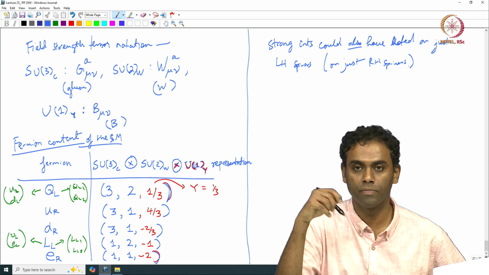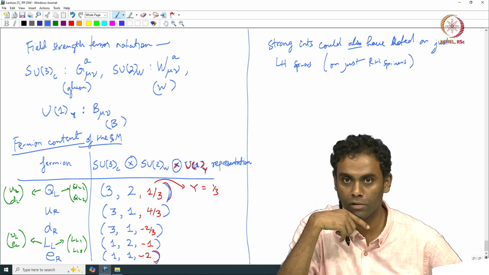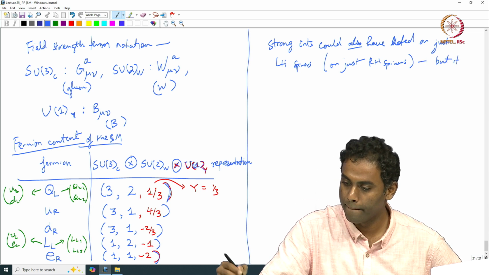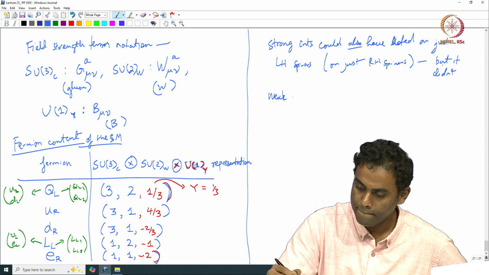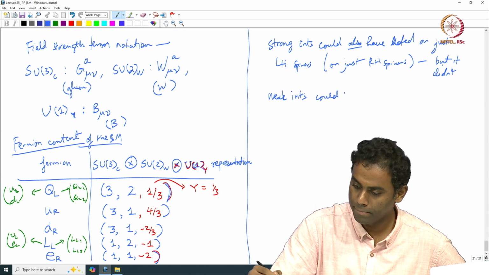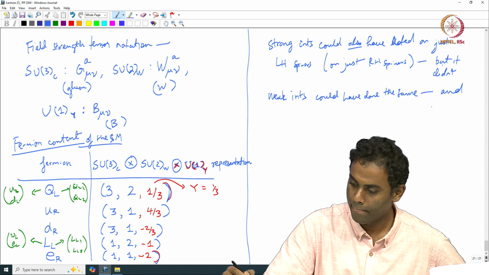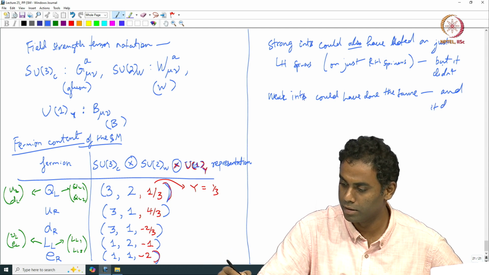There's absolutely nothing a priori that forbade the strong force to do this, but it didn't. And similarly, the weak interactions could have done the same, and they did.